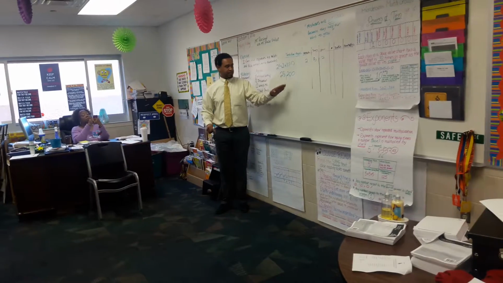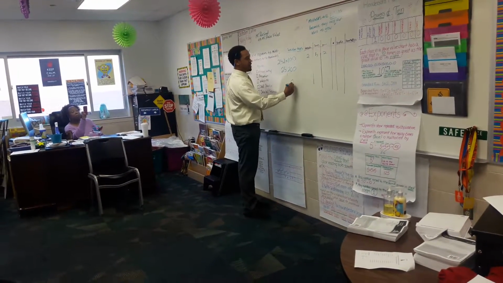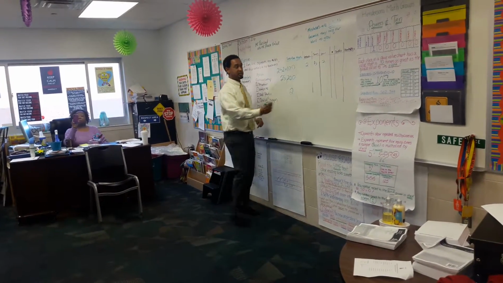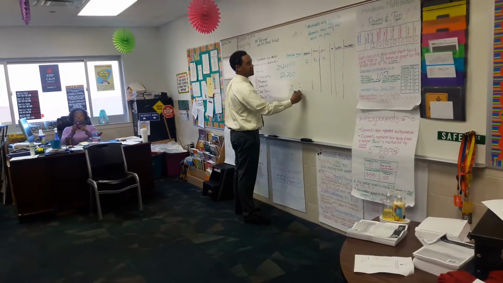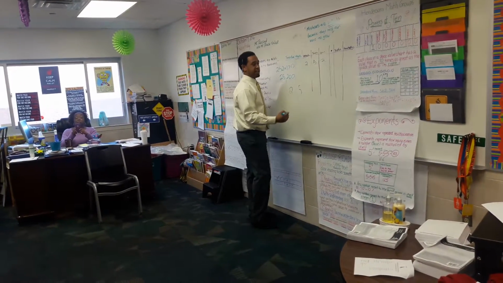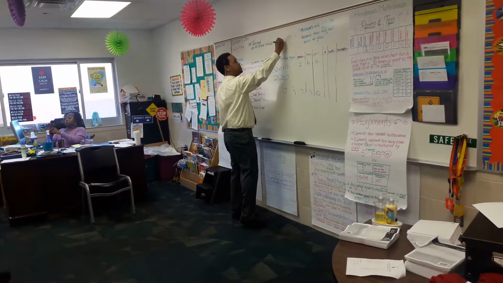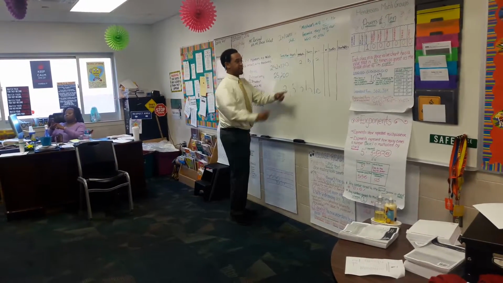But here, how many place values did it move? We saw it was in the hundreds. Now our 2 ended up in the what? 10,000s. We saw the 5 was in the tens. Now it ended up in the what? Thousands. We saw the 2 was in the ones and it ended up in the what? Hundreds. That makes a lot of sense because I know that 2 times 100 is what? 200. Isn't that consistent?